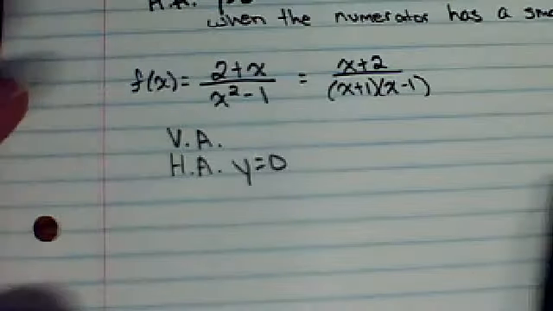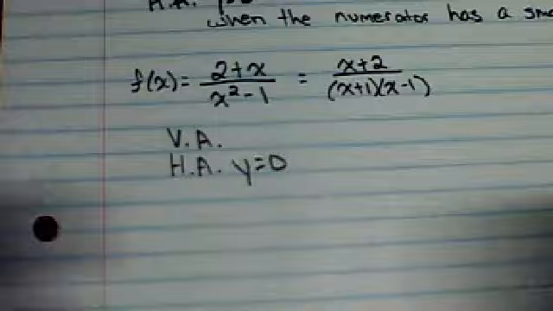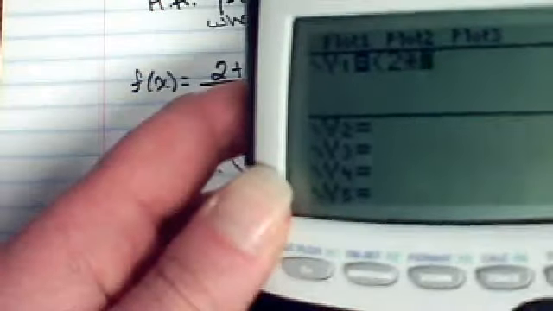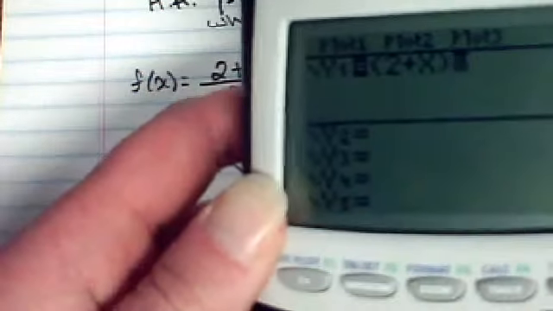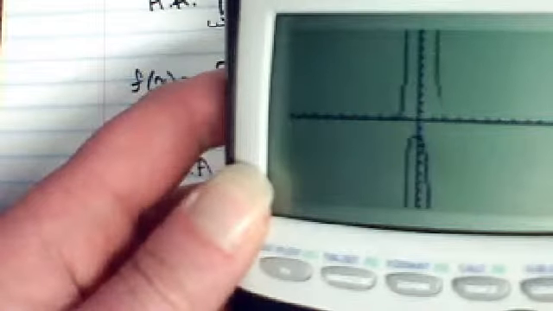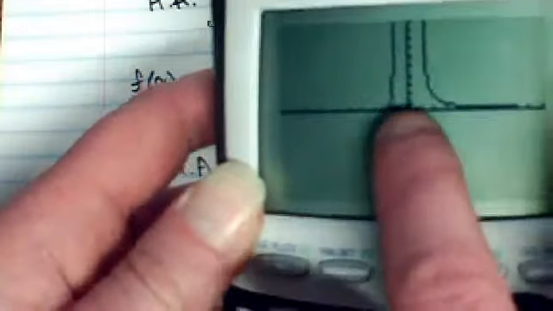Can a graph actually have two vertical asymptotes? Let's find out. If I go back and put the original in, 2 plus x divided by x squared minus 1. Oh, nifty.